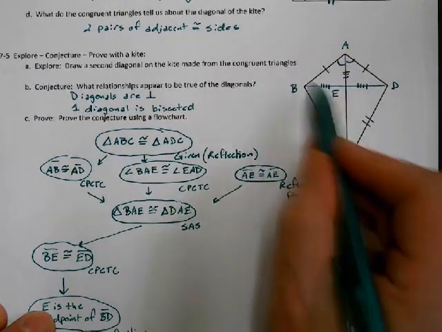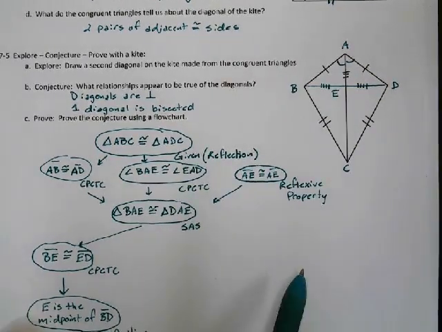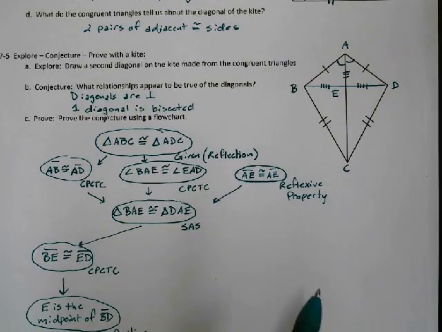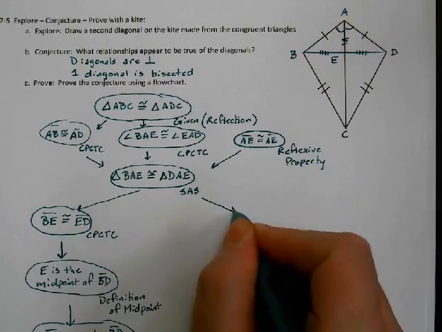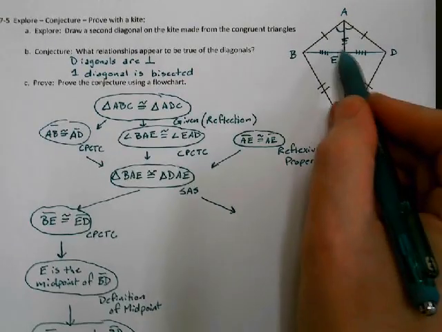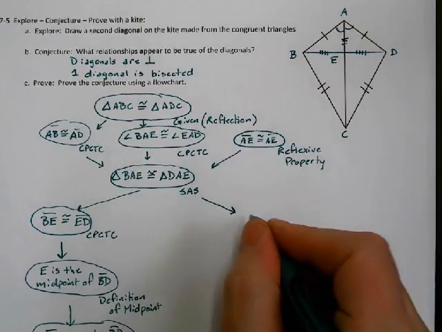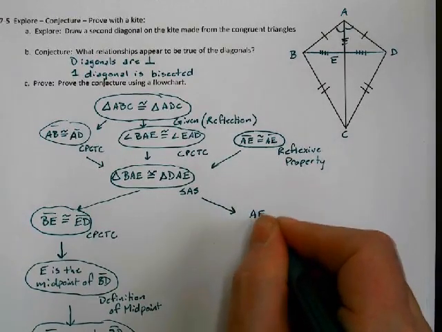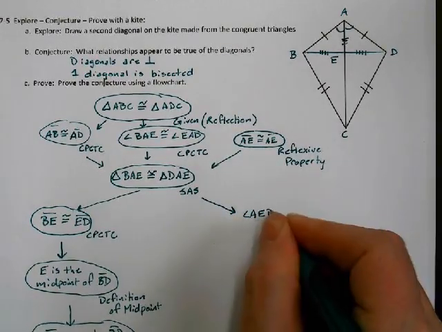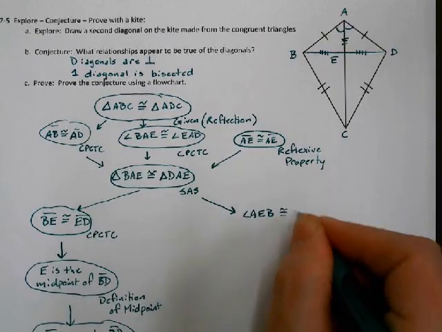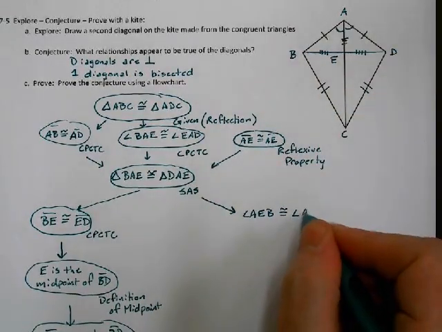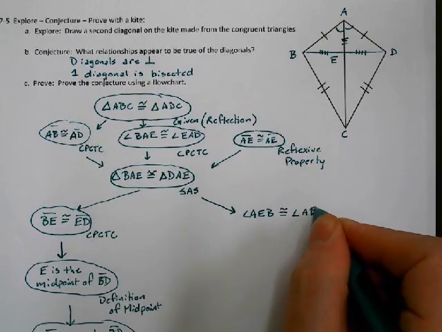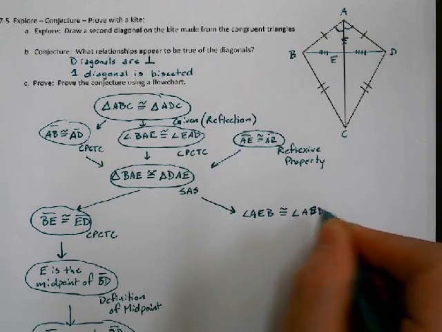All right, so here's what we're going to say. We're going to say that this angle here, AEB, is congruent to angle AED. And that's CPCTC. Their corresponding parts.